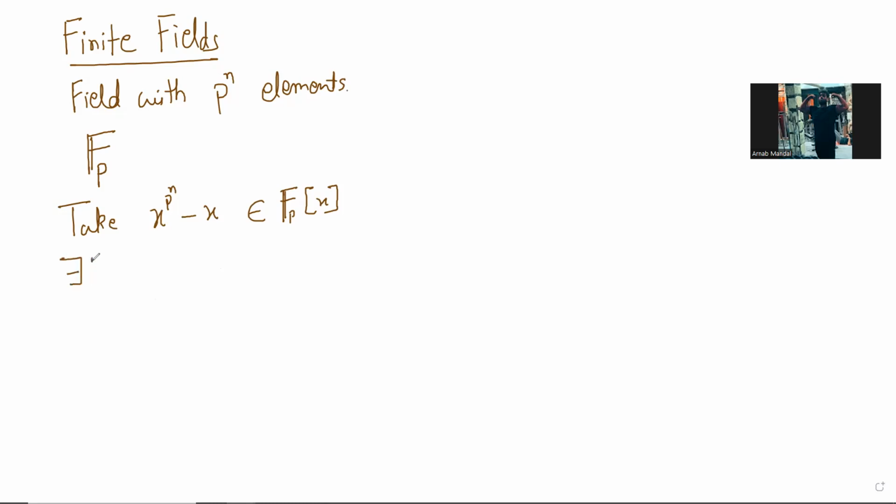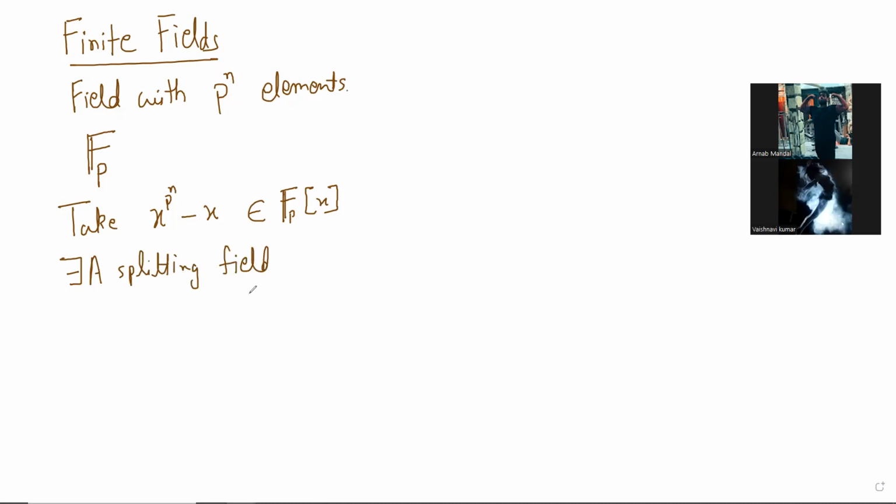There exists a splitting field. I will define what a splitting field is, if you know it, good. Splitting field just means that you are looking for the smallest field where all the roots of this are available. Roughly, it is that.